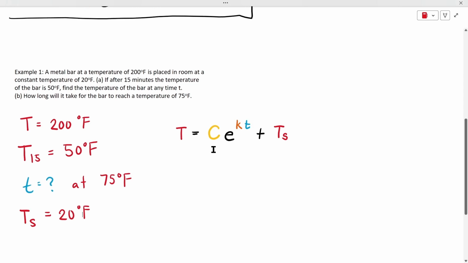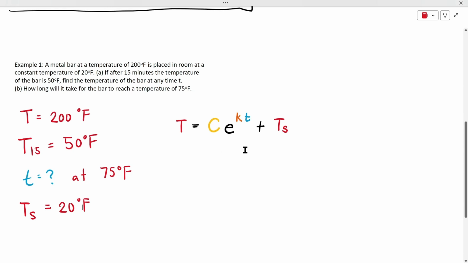Going to the general solution, let's substitute the value of the temperature of the surrounding, and this will become 20 degrees Fahrenheit.